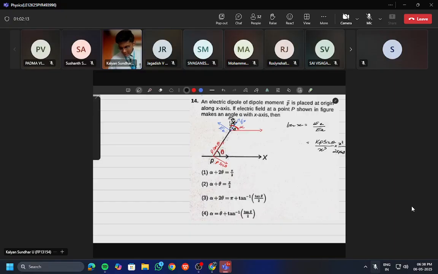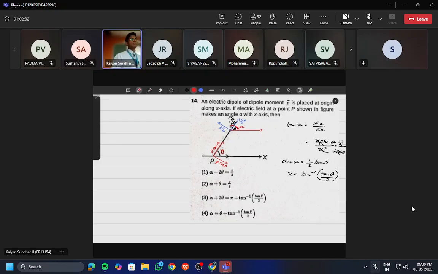Correct. Kp gets cancelled, x cube gets cancelled. Tan x will be equal to 1 by 2 times tan theta. X will be equal to tan inverse of tan theta by 2. This is the x value, right?